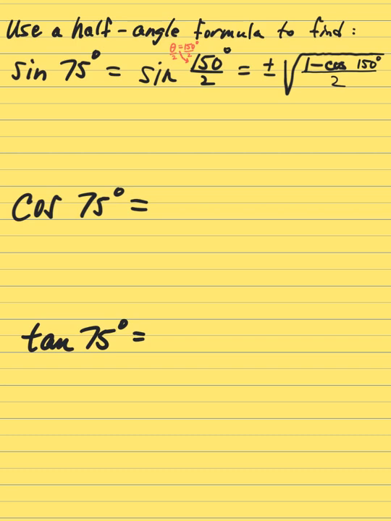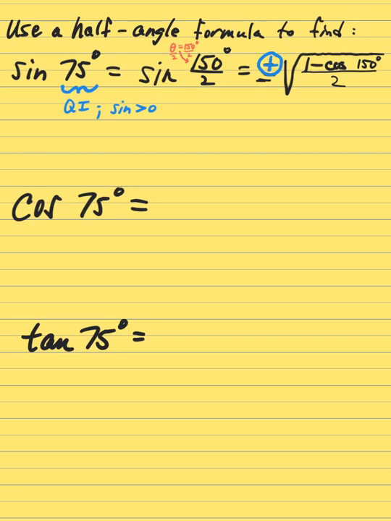Okay. Now, as far as the plus minus goes, you look at the original angle. 75 degrees is in quad 1. Sine is positive in quad 1, so that tells us to take the positive root. The positive one.